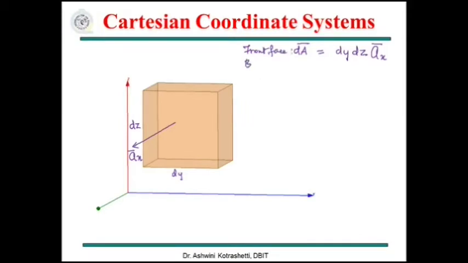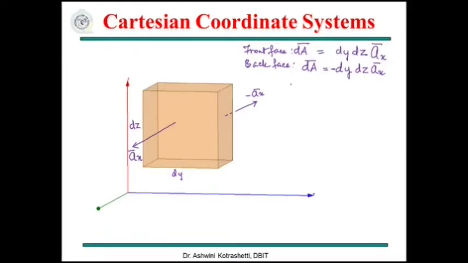Likewise, I have a back face. Now for the back face, how do I define it? I'll say again dA bar is equal to dy into dz into ax bar, but remember the back face has a unit vector in the direction of minus ax bar, because the unit vector goes outward in this direction. So the negative sign I will write here.